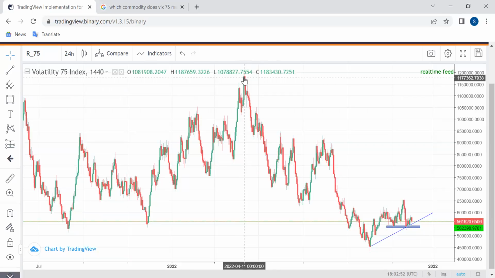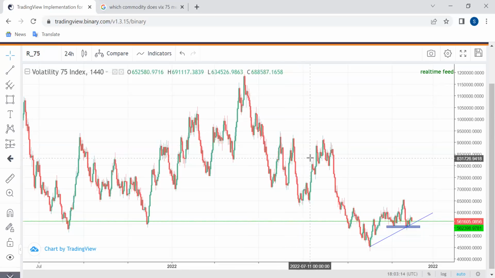If you compare this to other indices like NASDAQ, US 30, they've also been on a downtrend. So you can see how they equate with each other. They are both on a downtrend since volatility 75 measures the volatility in these indices. Now let's continue.